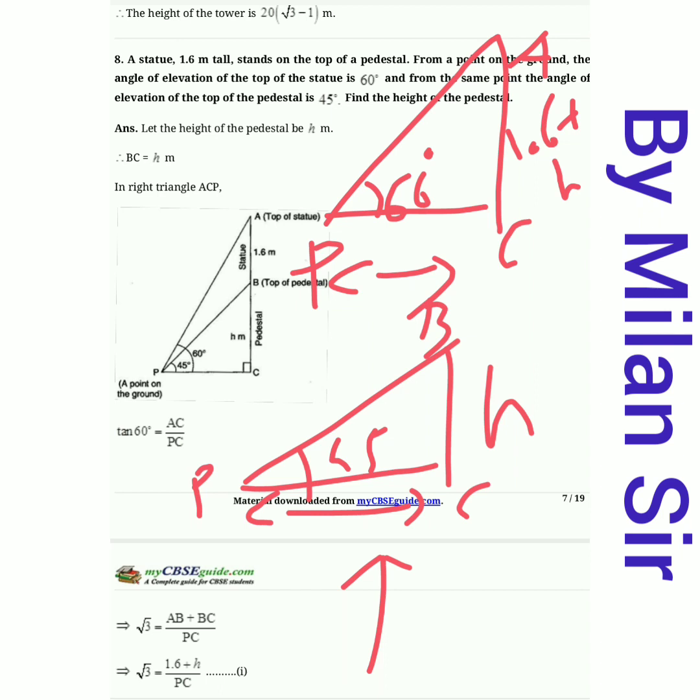So in both the triangles, we find PC in terms of height H. From both triangles we find PC in terms of H, and after that we equate our two equations. One equation we get from the first triangle and the second equation from the second triangle. After that we equate these two values of PC, and from that we find the height of the pedestal.